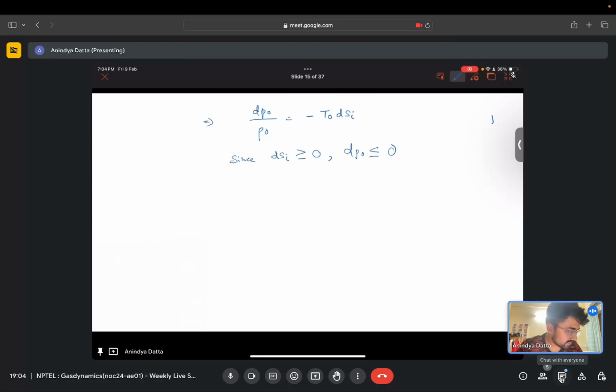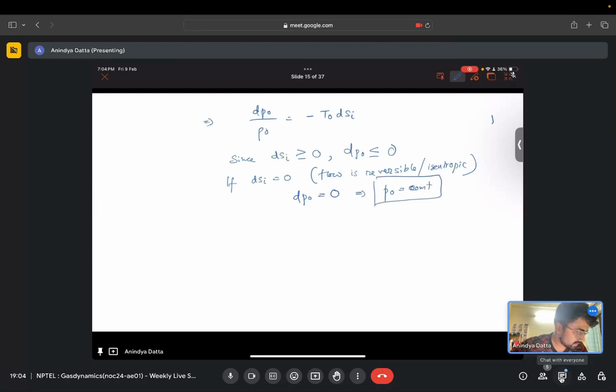Let's say if dsi is equal to 0, which means that there are no irreversibilities, that is, the flow is reversible, which also means isentropic in this case, because we have already assumed it is adiabatic. If the flow is adiabatic and reversible, which means isentropic, then dp0 is equal to 0, which means that p0 is constant.